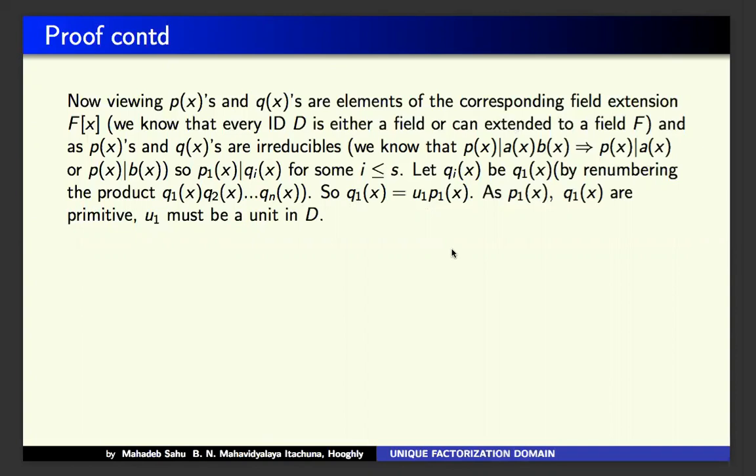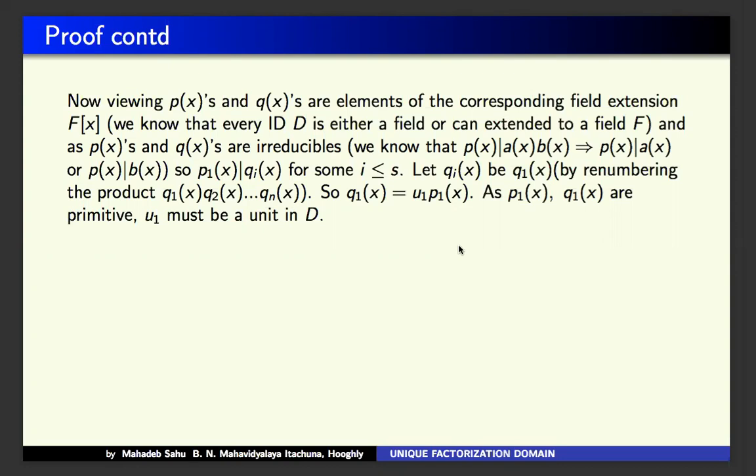Suppose A divides B, then AU also divides B, where U is a unit. So an irreducible element, or prime element, has two types of divisors: the element itself and its associates. So every prime element is divisible by itself or its associates.